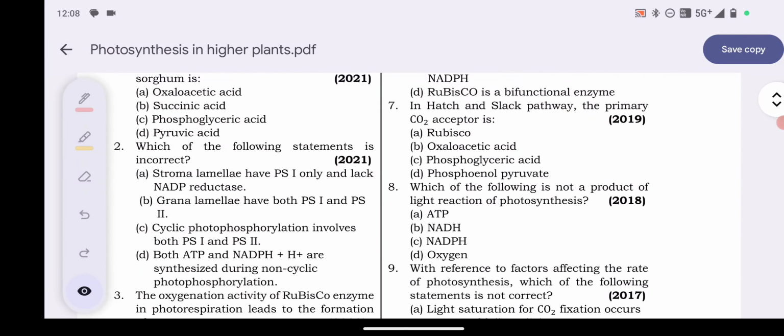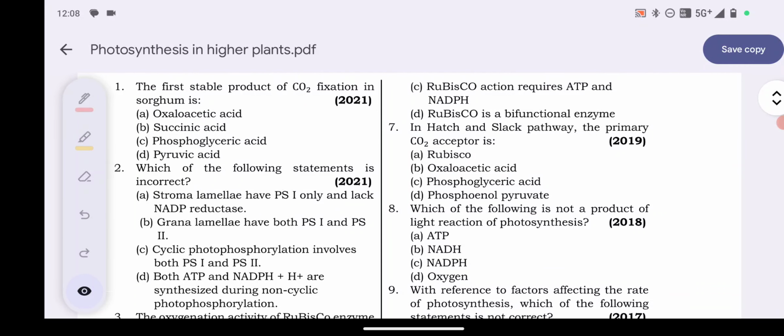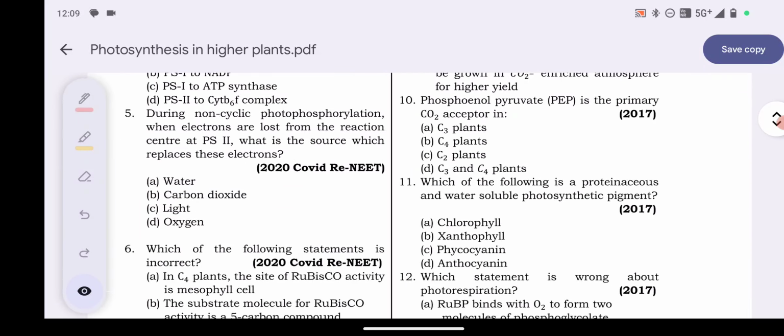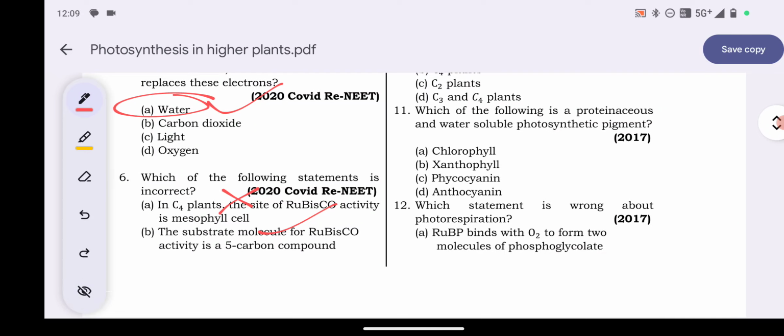Next is Rubisco actions require ATP and NADPH. बिल्कुल सही. Rubisco is a bifunctional enzyme. ये भी correct. So here the answer is option number A. Okay. Incorrect one. Incorrect पूछा है ना. So option A is the answer.